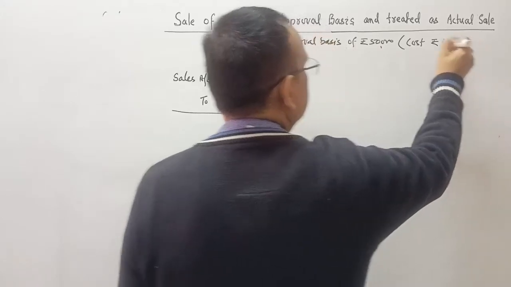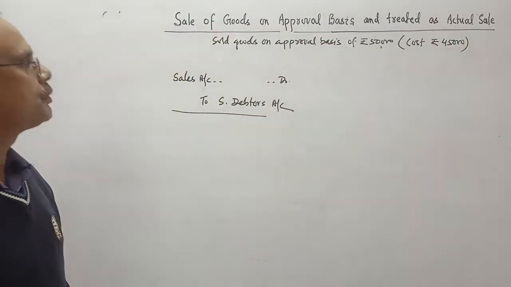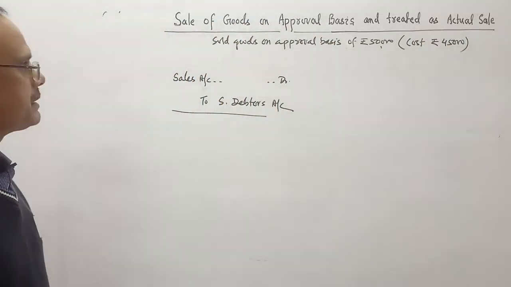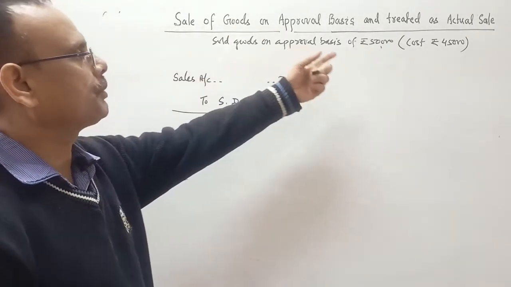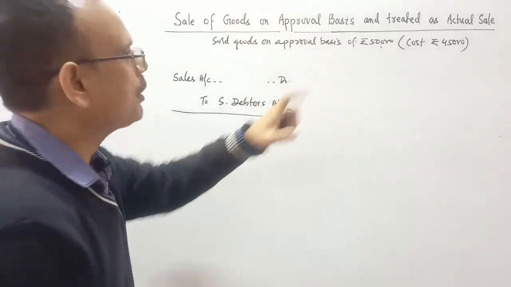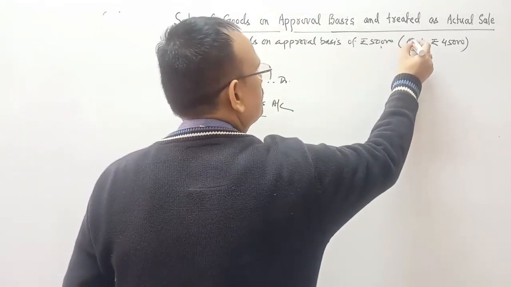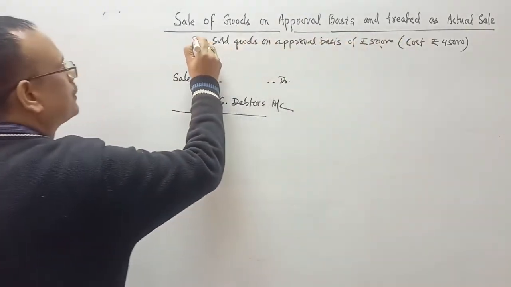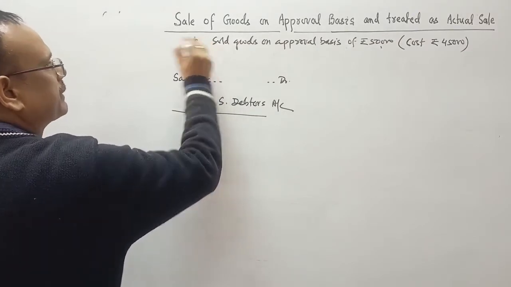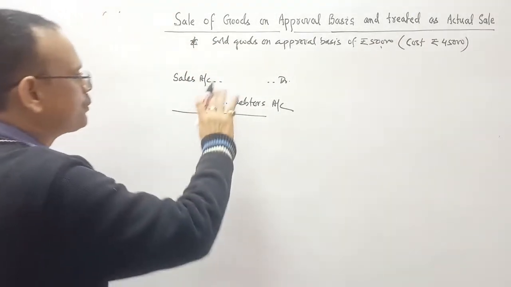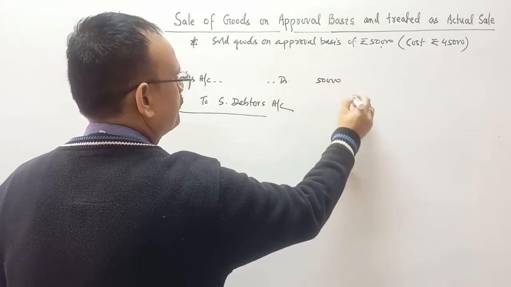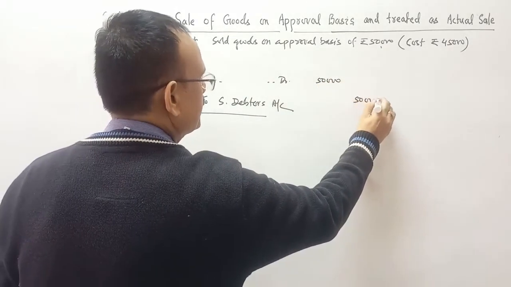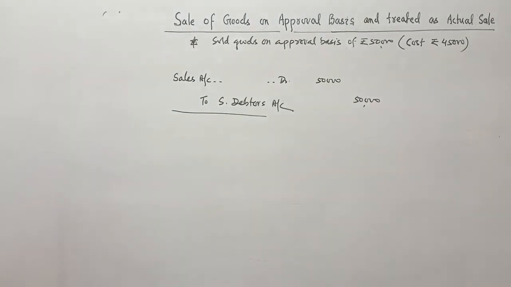Cost of that goods is 45,000. Sold goods, or given goods to the customer on approval basis, of rupees 50,000 and the cost of that goods is 45,000, for example. Okay, this is the transaction. So you have to do the reverse entry. Sales account will be debited by 50,000 and debtors will be credited by 50,000. You have to cancel the previous one first.